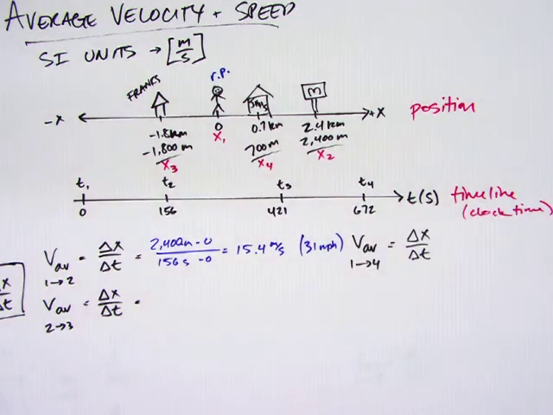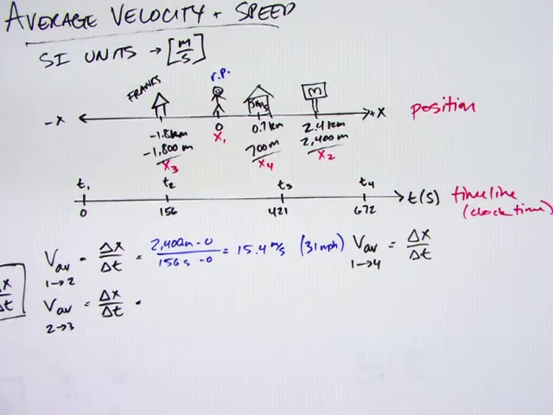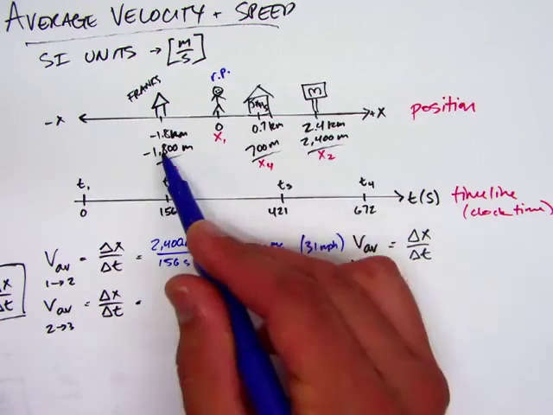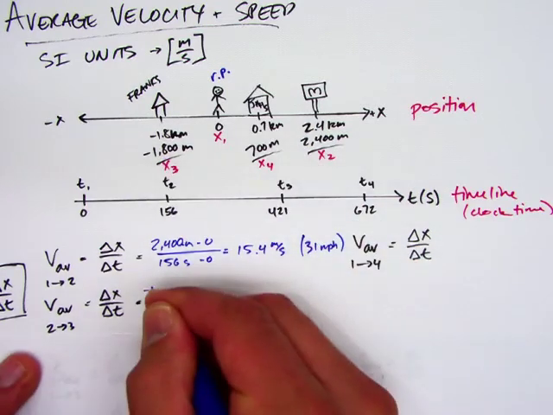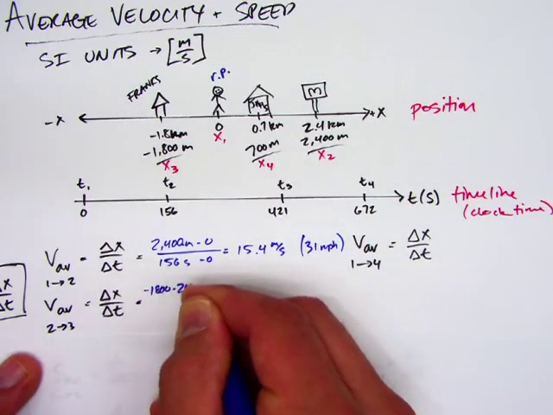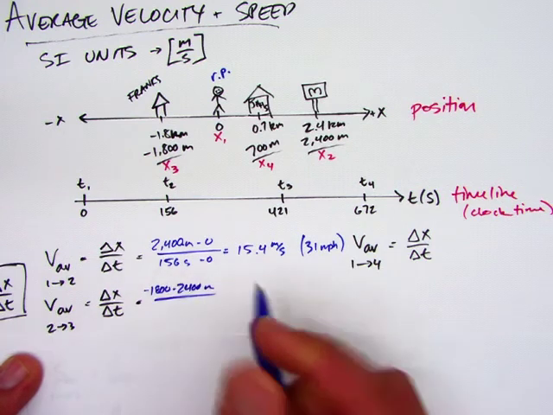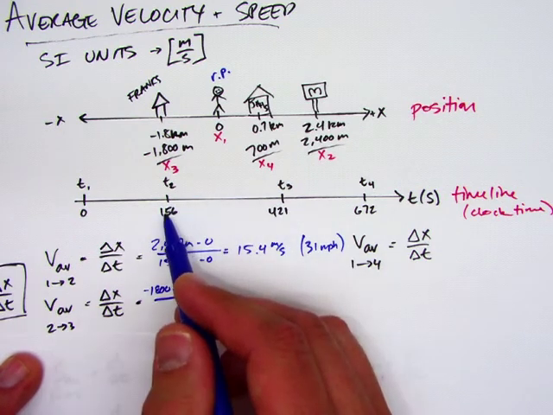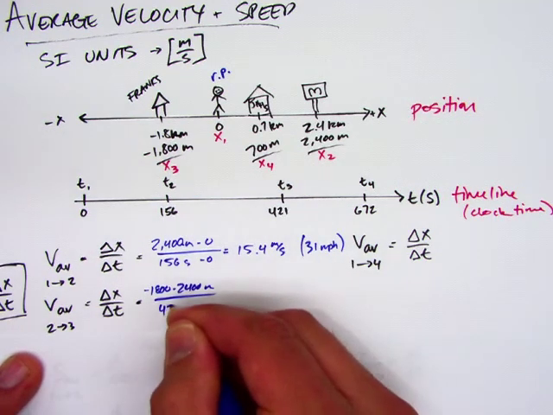All right, from 2 to 3, the change in position is: I start at 2400, I end at negative 1800. So negative 1800 minus 2400 meters over, I go from time 156 to 421.